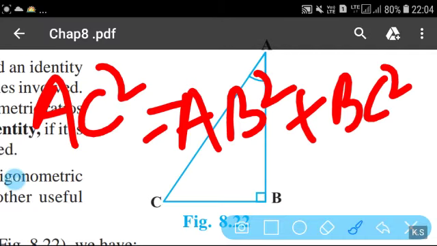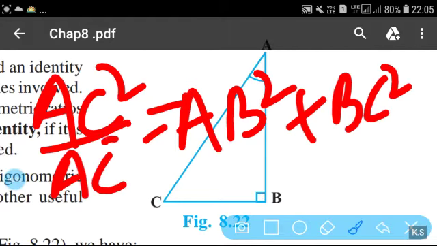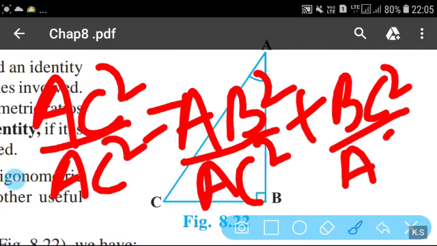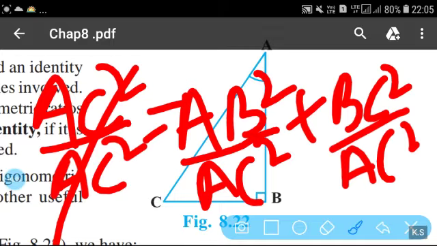Now for using the identity we can do one thing: let us divide all the terms by AC square. So AC square by AC square is equal to AB square by AC square plus BC square by AC square.